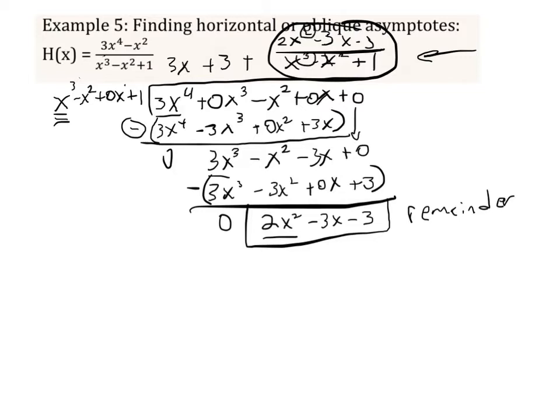Because when your denominator's infinitely larger than your numerator, we say that you're approaching 0. And so functionally for us, we ignore it. We don't even have to worry about it. But our asymptote is represented right here, 3x plus 3.